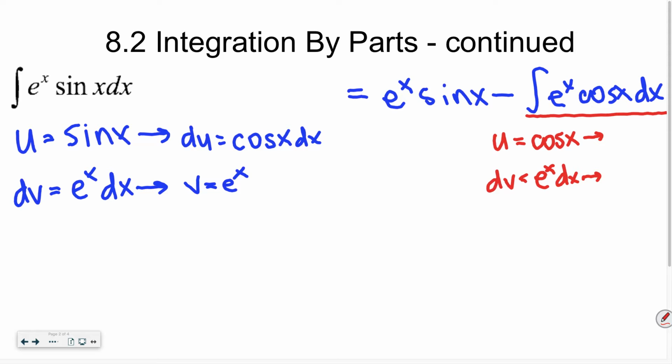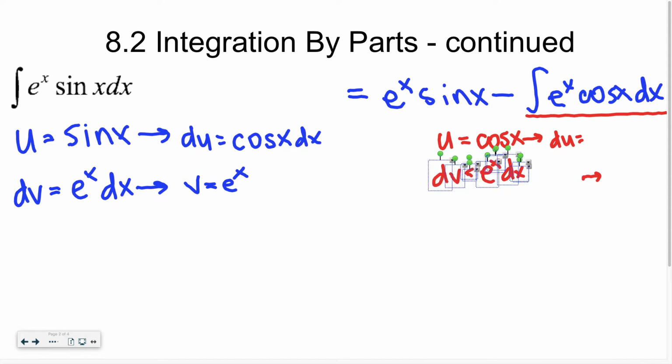So if u is cosine of x, du is negative sine x dx. And if dv is e to the x dx, then v is e to the x.